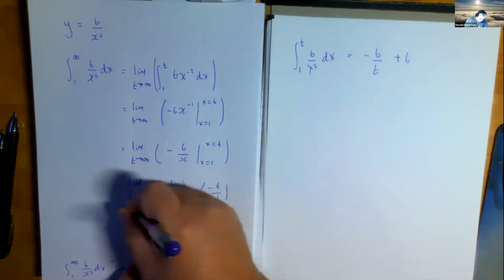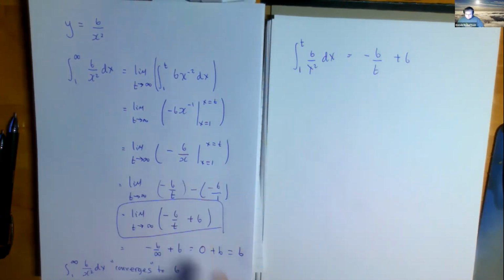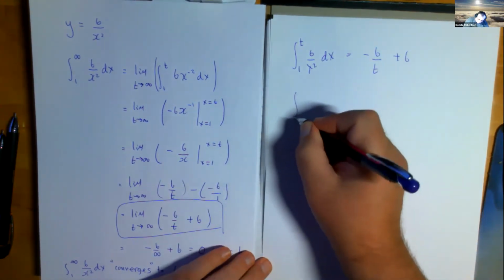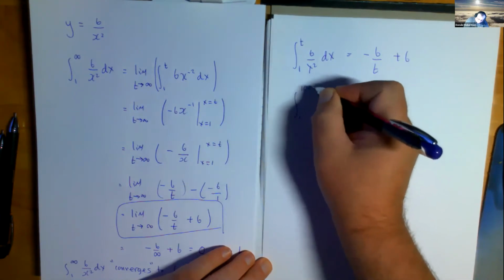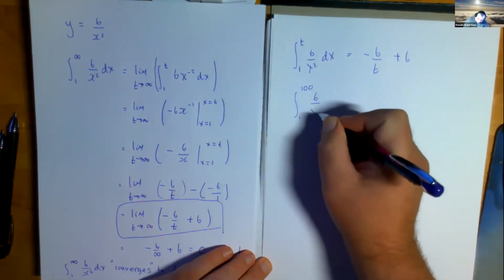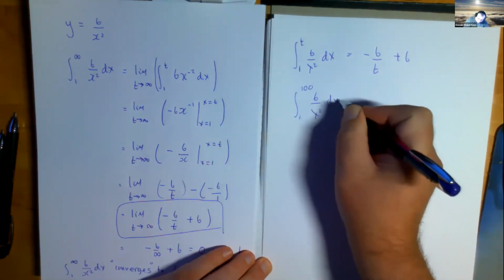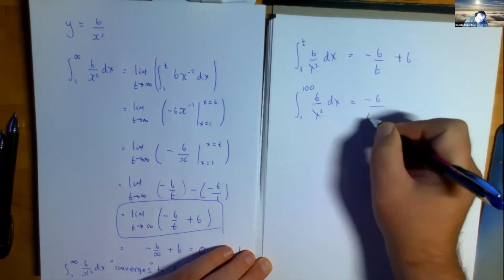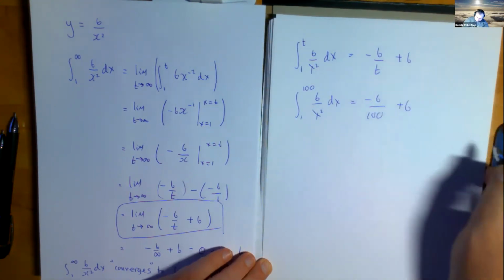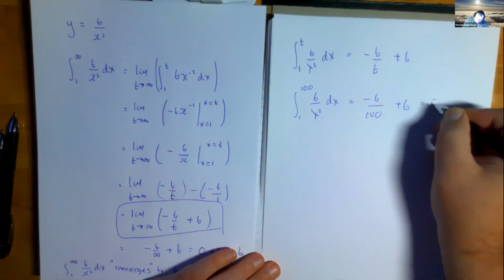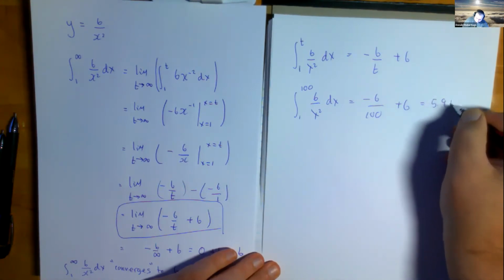Would you agree? Okay, so what would the integral from 1 to 100 look like? Well, it would look like -6 over 100 plus 6. That would be 5.94.